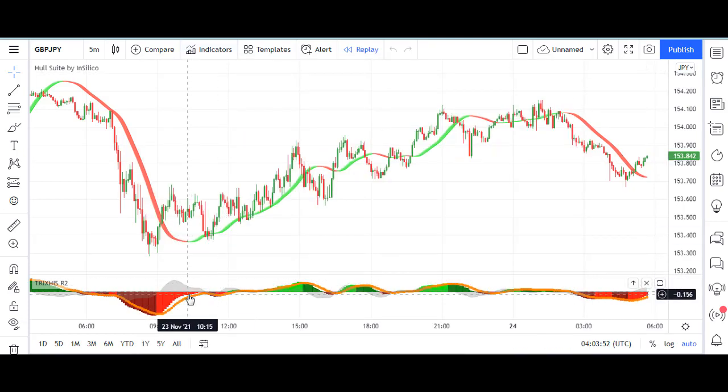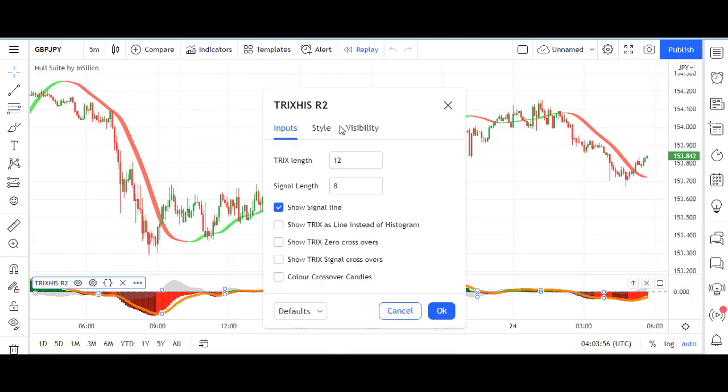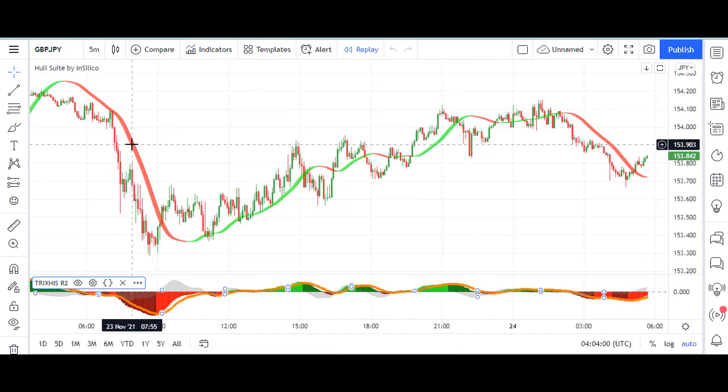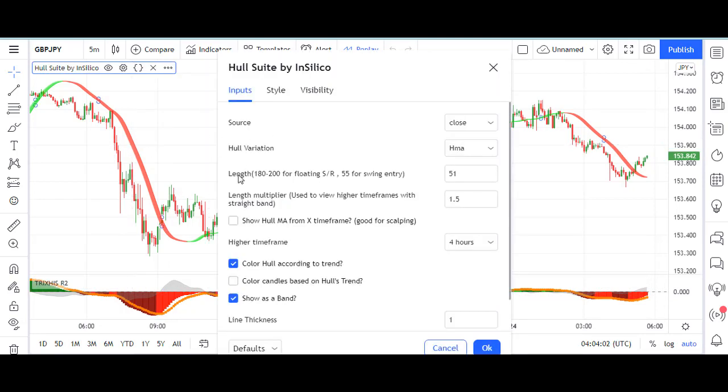Okay, for the Trix indicator I use the default settings. For the Hoonswitch indicator I change the length to 51 and the length multiplier to 1.5. Okay, I will post the inputs in the description below.